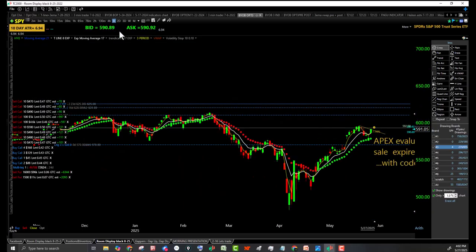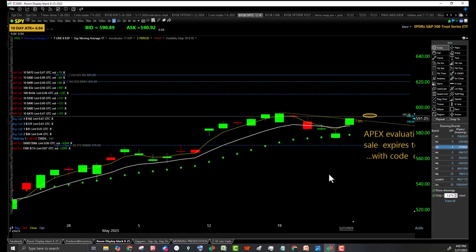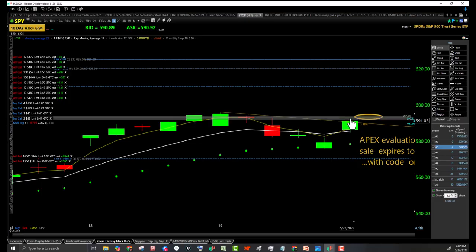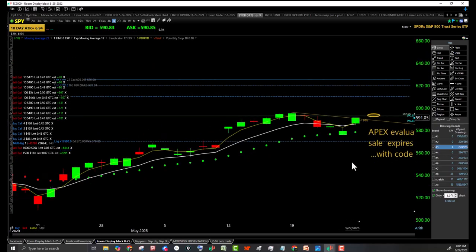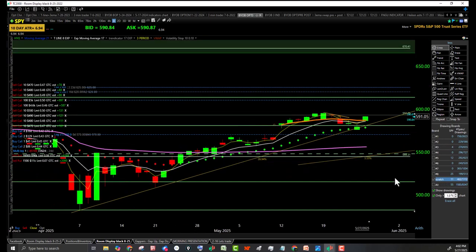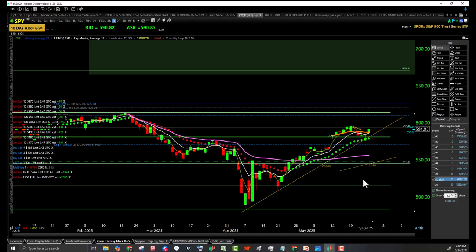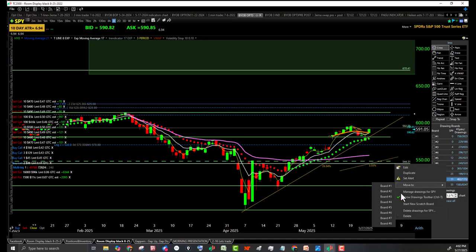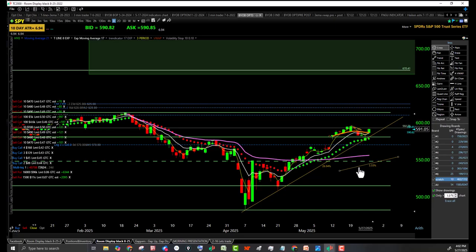So let's take a look at this on the daily chart, and you can see we got a higher low, higher high, coming right into this downtrend line. Closing over a bullish cross over the 17 EMA, up there in quadrant 4.